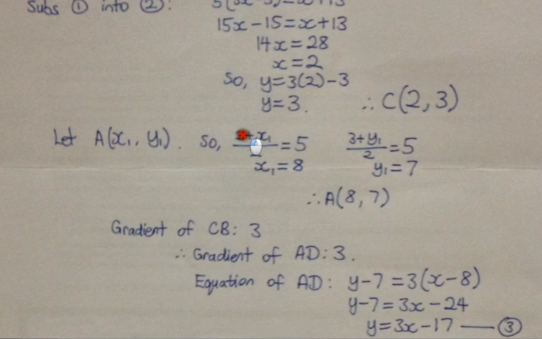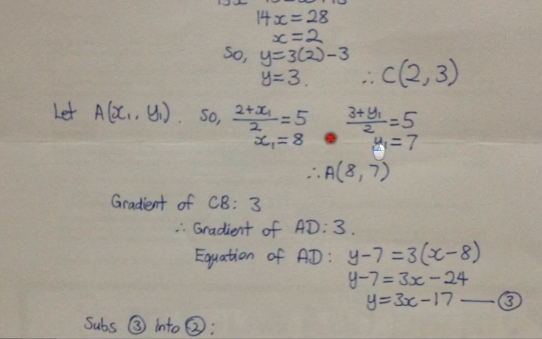So 2, which is the x coordinate of C I just found, plus x1, divided by 2, has to equal the x coordinate of the midpoint, which is 5. Similarly, 3 plus y1 over 2 has to equal 5, which is the y coordinate of M. Solving, x1 will be 8 and y1 will be 7, which gives the coordinates of A.